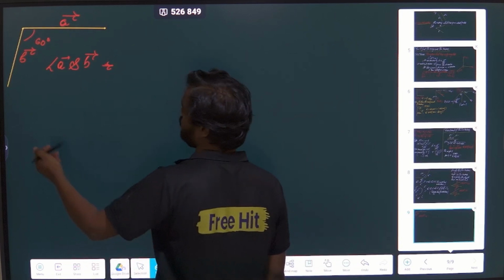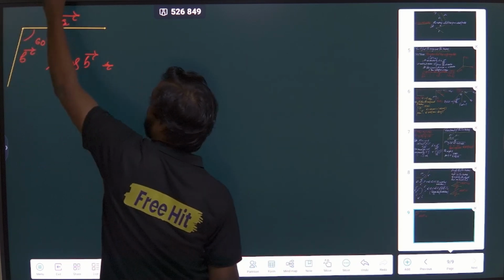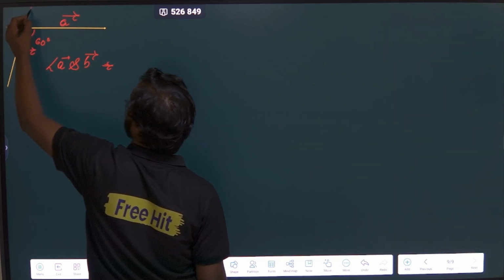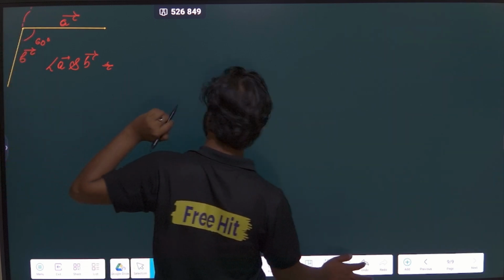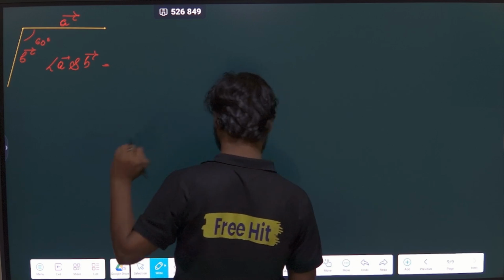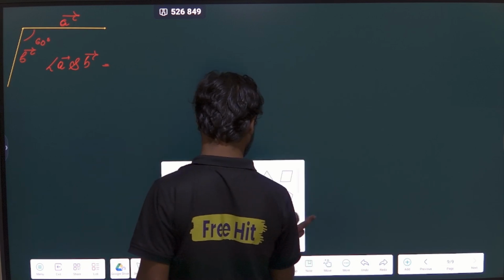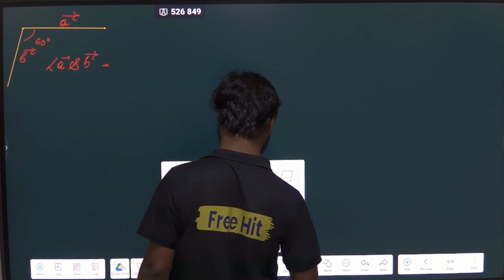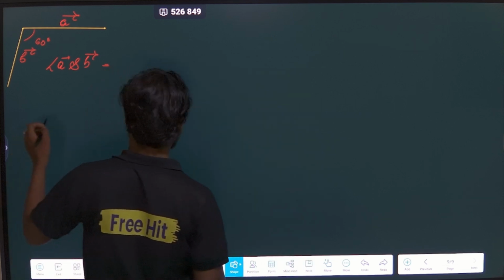Yes or no? So if we shift this parallelly upward, slightly upward, it will become like this. If we shift this vector parallelly, it will become like this. Yes or no?